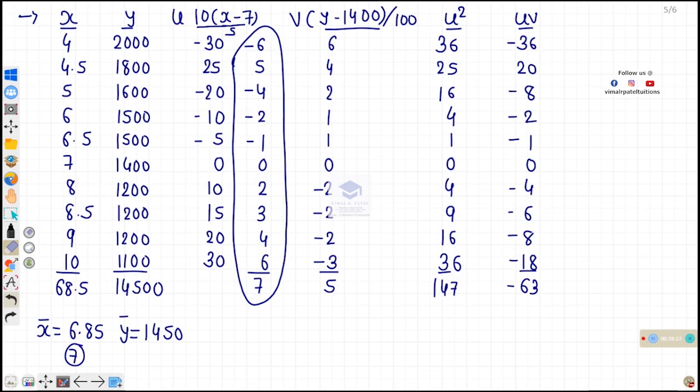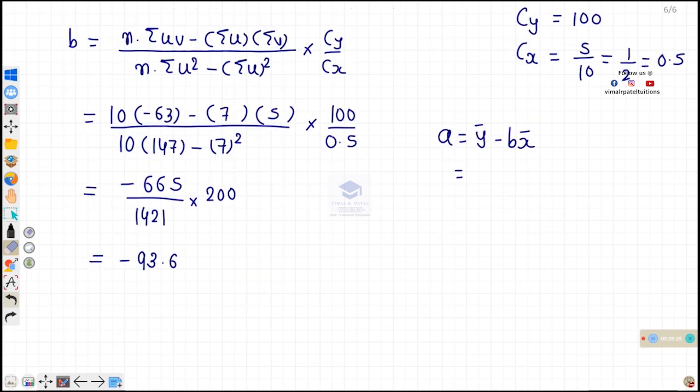Y bar is 1450. 3.6 into 6.85 minus 1 plus. Regression equation.